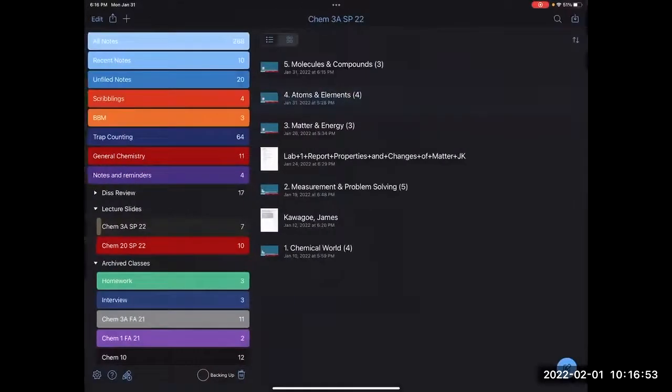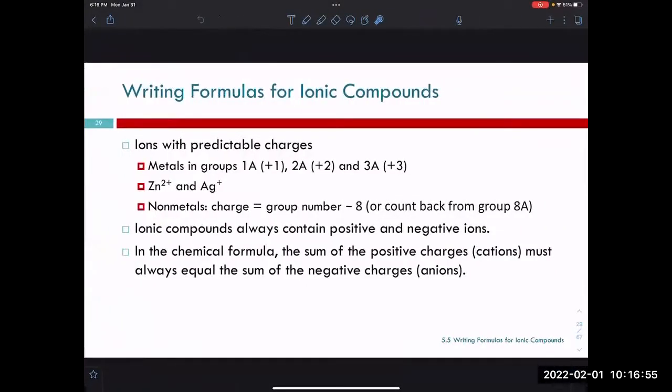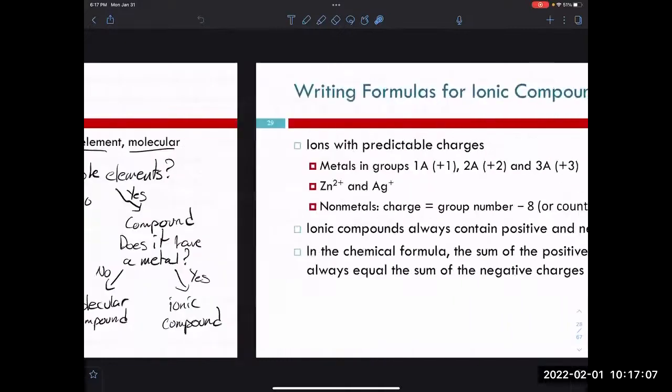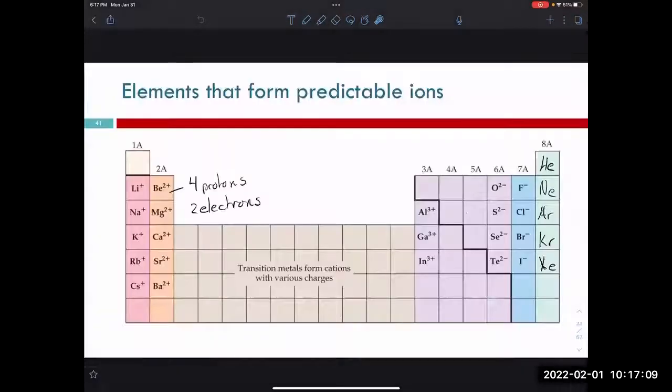For the nonmetals, the charge is the group number minus 8 if you count back. So we go back over here. So 6A, the group number is 6. 6 minus 8 is -2.